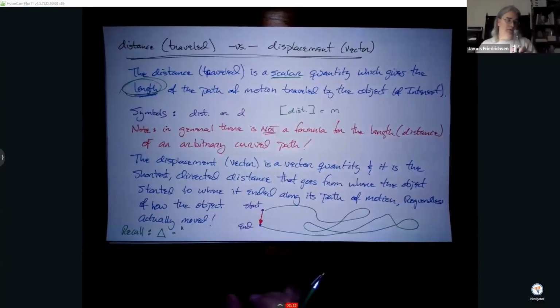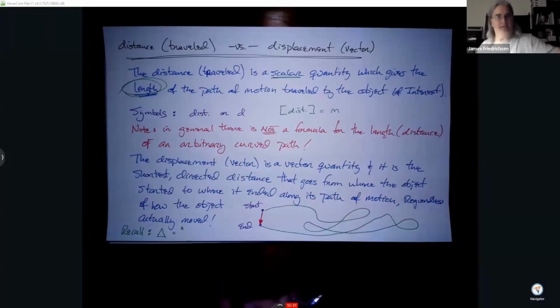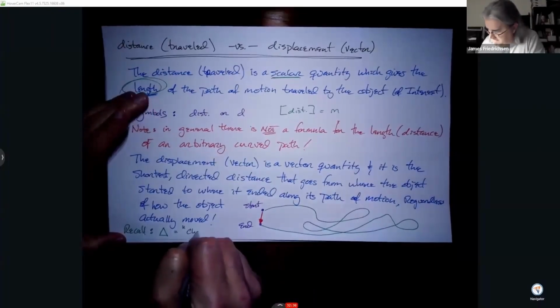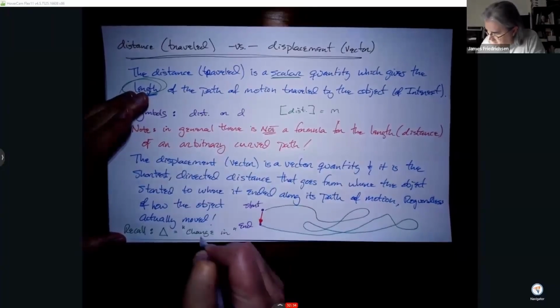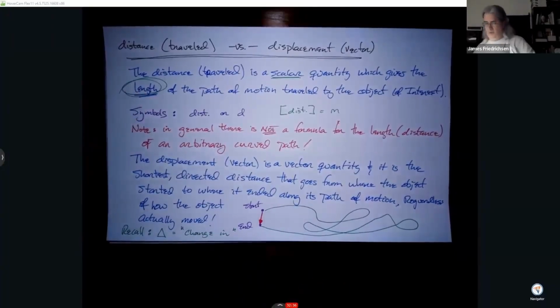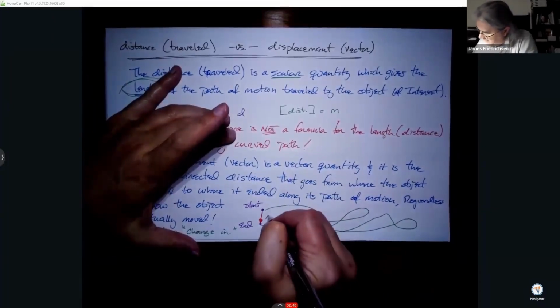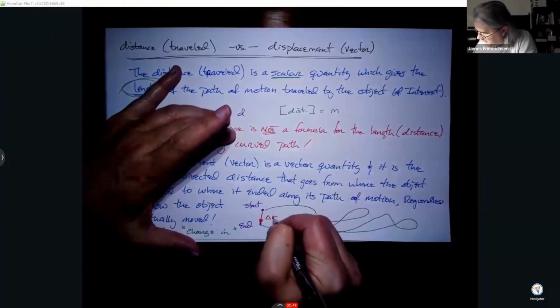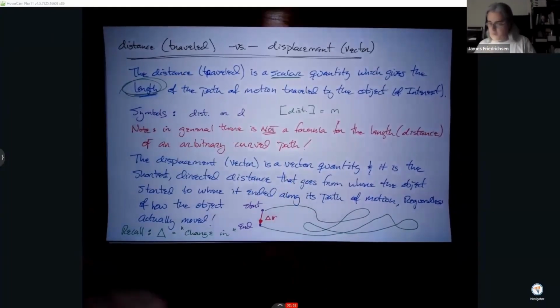It's the change in. That's exactly right. So it talks about the change in whatever we're deltaing. And what we're going to delta to get the displacement is the position vector. So in this two-dimensional example, this would be delta vector r. So the change in the position vector will give us the displacement vector.